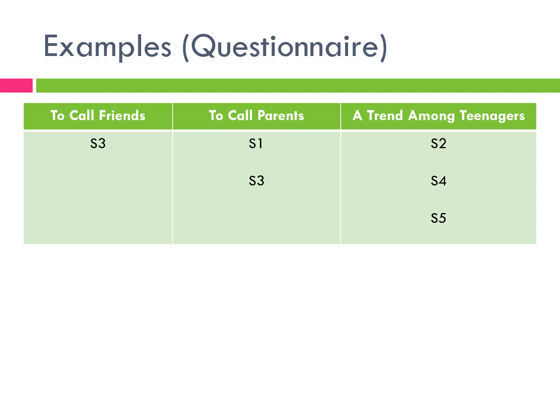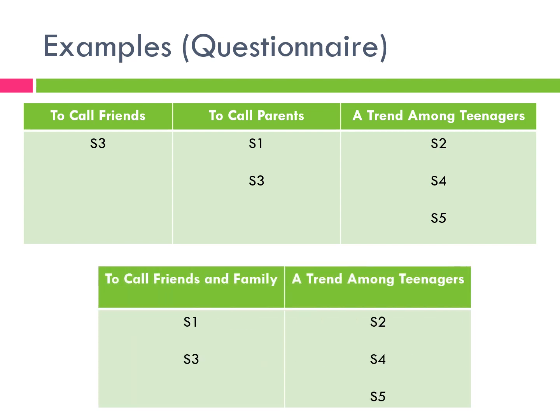So if you put it into a summary, you can have it in a simpler form. To call friends and family, student 1 and student 3. And then a trend among teenagers, student 2, student 4 and student 5. So if you want the number to call friends and family, how many? 2, right?